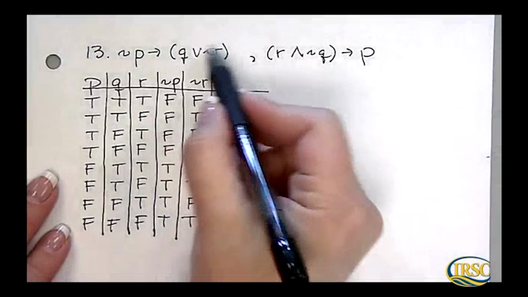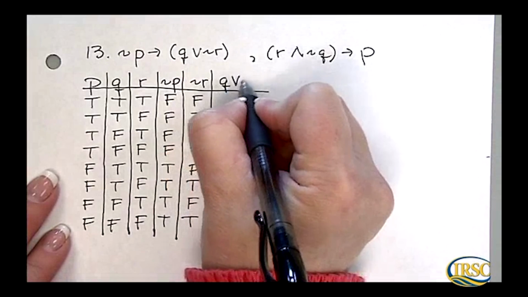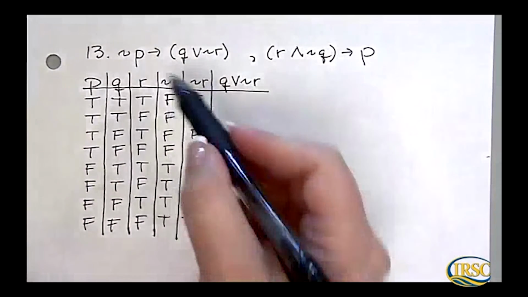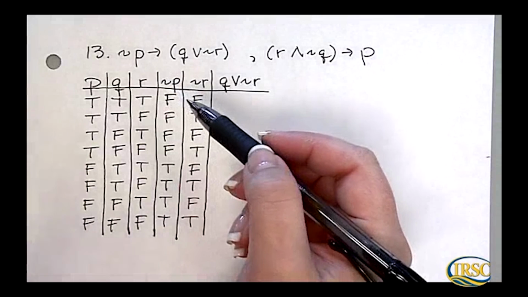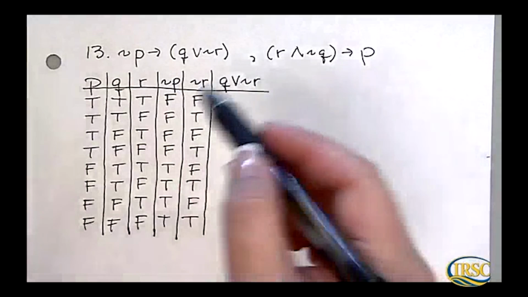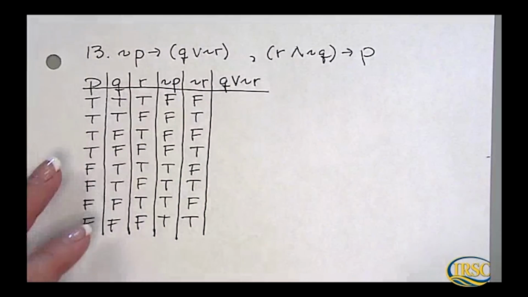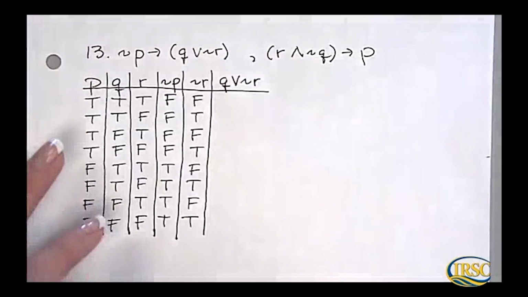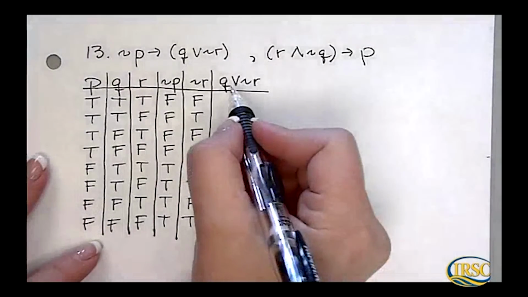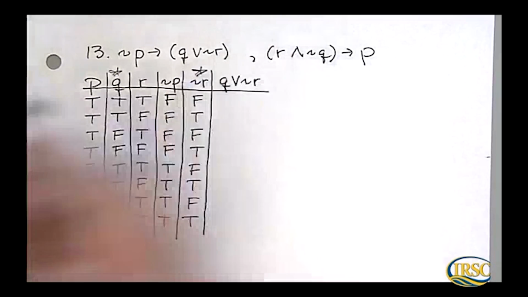Okay, so now I have to do what's inside parentheses. By the way, I purposely did my not P first because I wanted my if to be on the left-hand side, so that when I'm doing my if-then, I'm going from left to right. But it doesn't matter what order you do these in. Okay, an or is only false when they're both false.